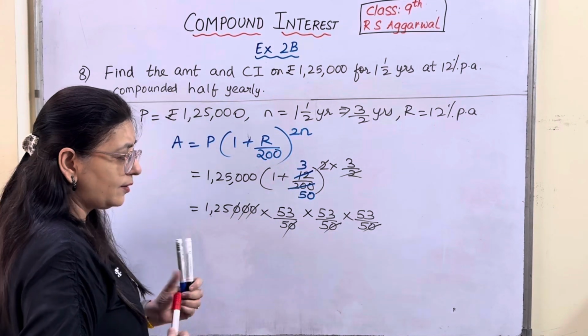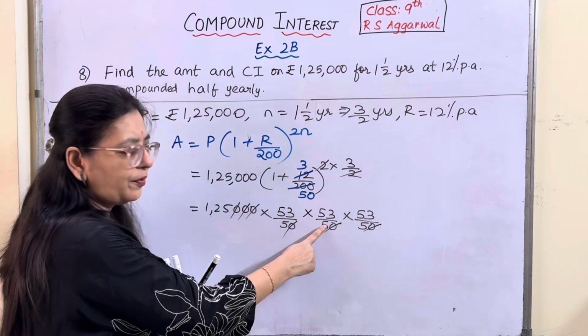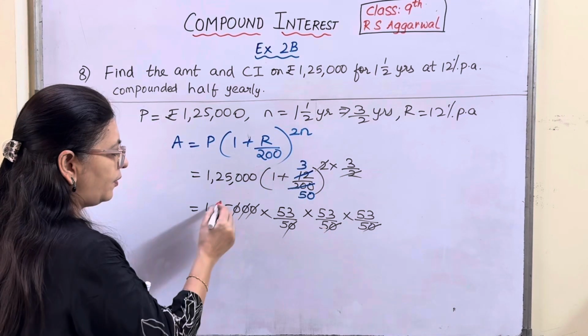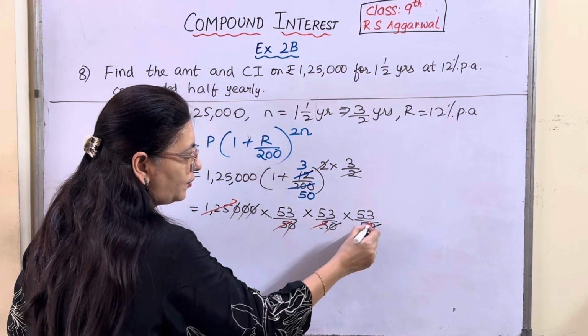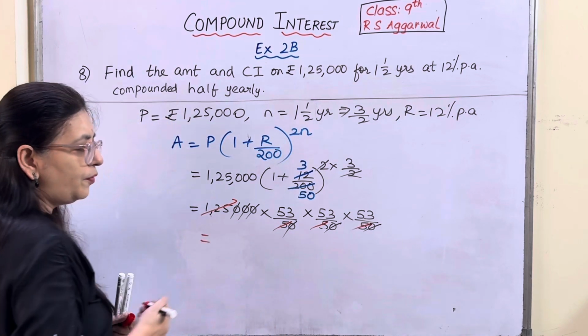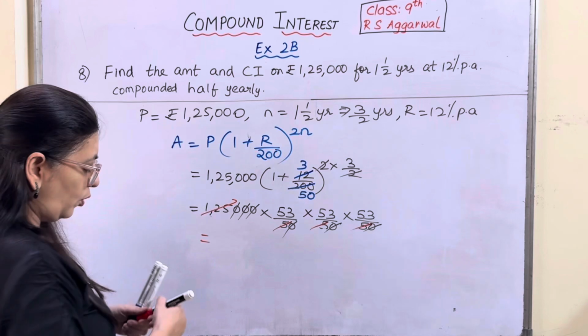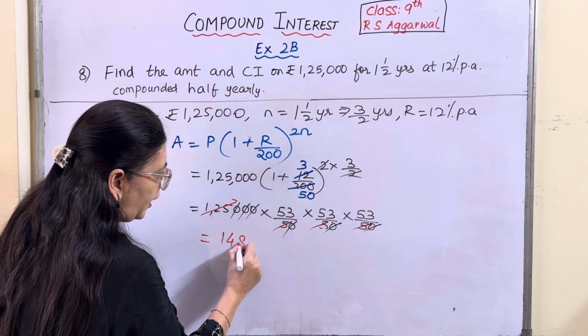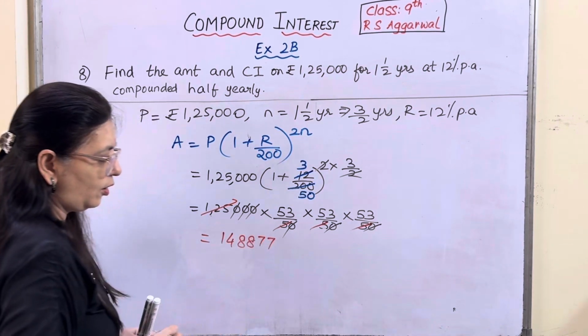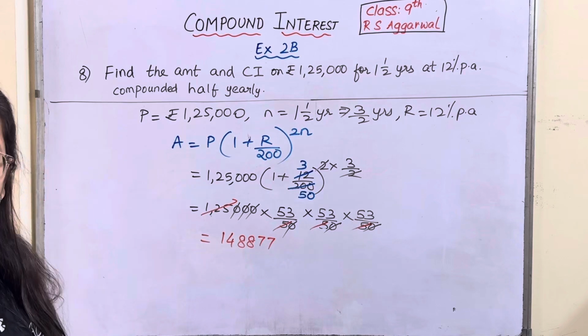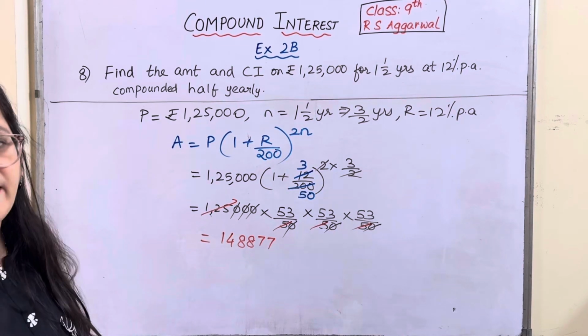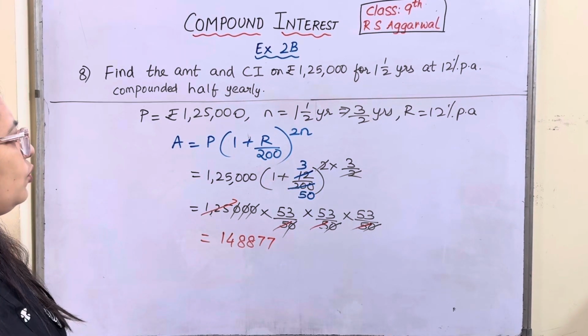Now 5 5s are 25. 25 5s are 125. So this 125 and this 5 gets reduced. Now 53 times 53 times 53. The answer is 1,48,877. That is your amount.